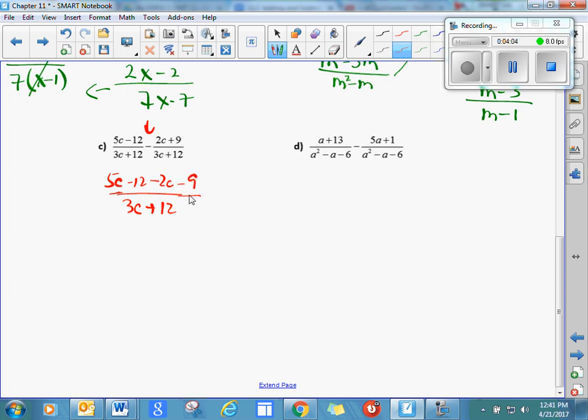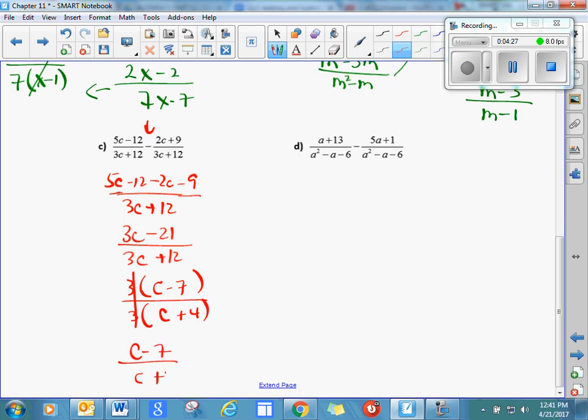That's distributing the -1. Clean it up, 5c minus 2c, collect your like terms. Looks like this. And now we can go do some factoring. So 3c minus 7, 3c plus 4, those cancel, and c minus 7 over c plus 4 is the answer.